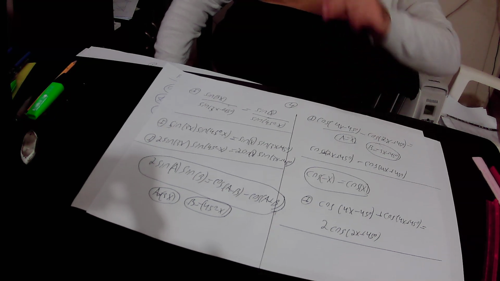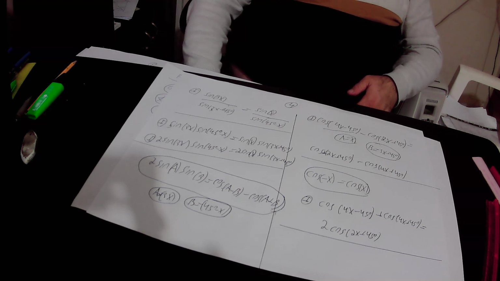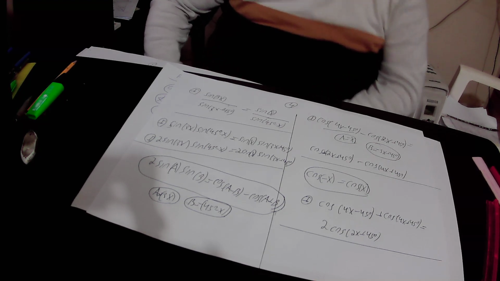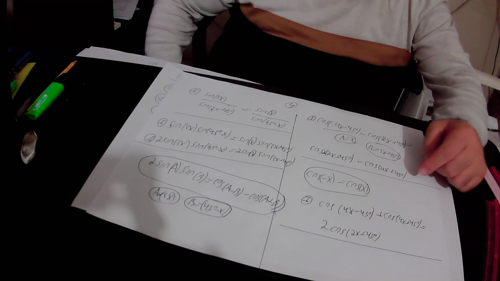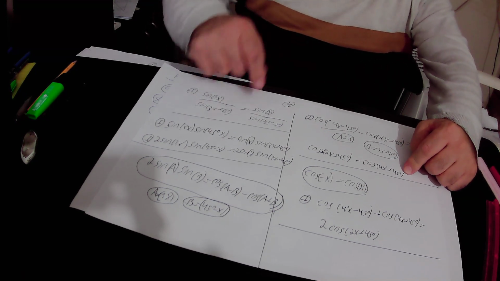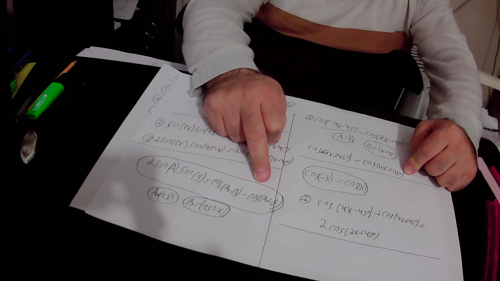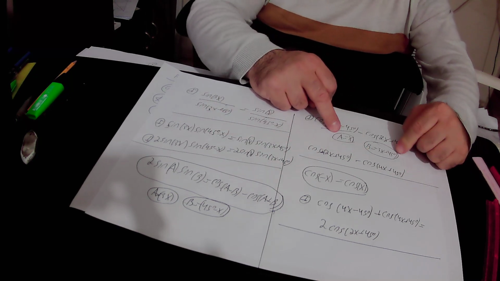I'll repeat again. Here we have to subtract cosine a plus b. So it is minus cosine a plus b.